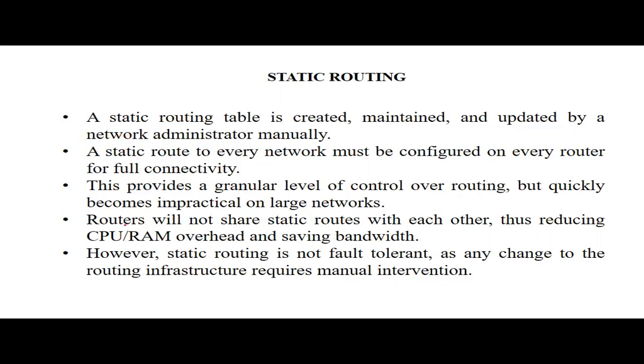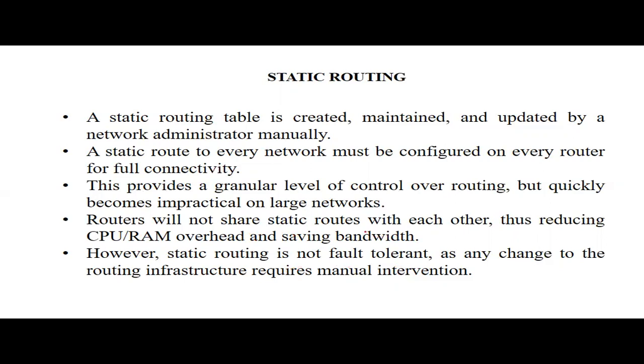In the case of static routing, the routers will not share their routes with each other. So that will reduce the CPU usage. We already know that routers are special kind of systems which have their own CPU, RAM, and also the speed at which they send data to each other. That will be saved because the routers in this case will not share anything with each other. However, static routing is not fault tolerant.